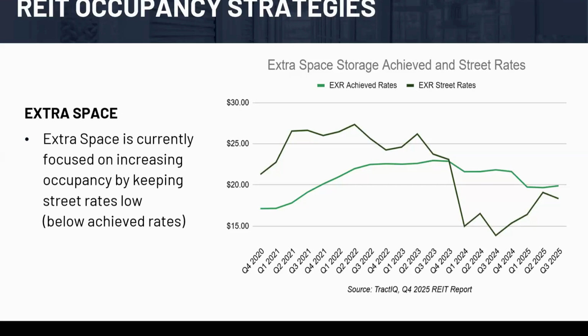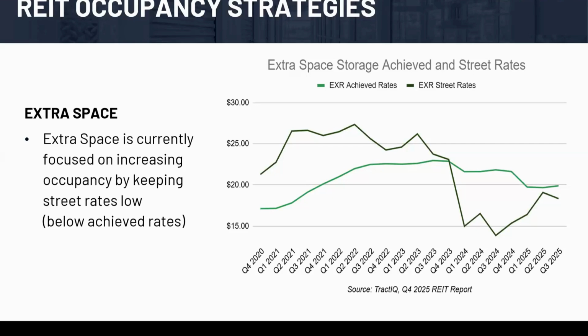In terms of, we're going to look at Extra Space and CubeSmart in the next few slides and just set the scene here. So what you've got here is, since 2020, Extra Space's achieved rates versus their street rates. And what you can see is there's a couple things going on, especially with the Life Storage acquisition in 2023, 2024.